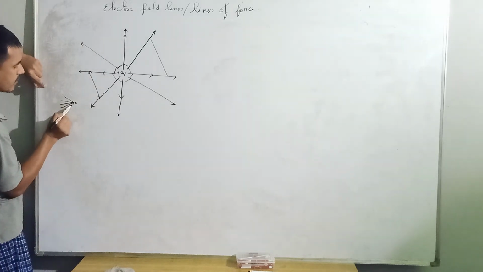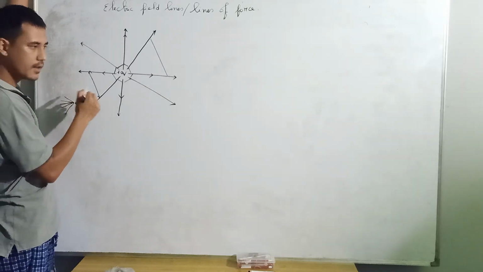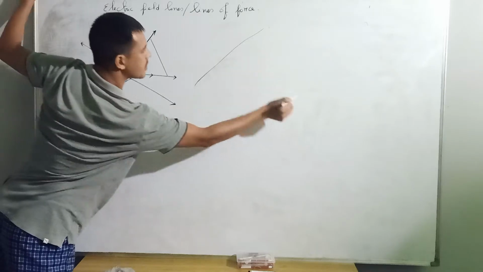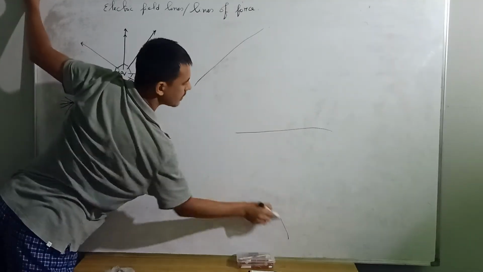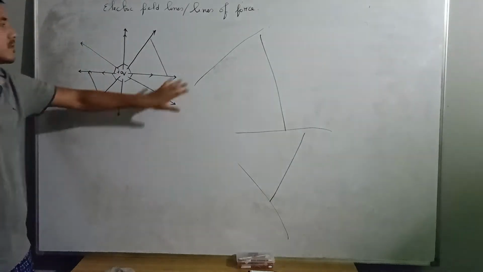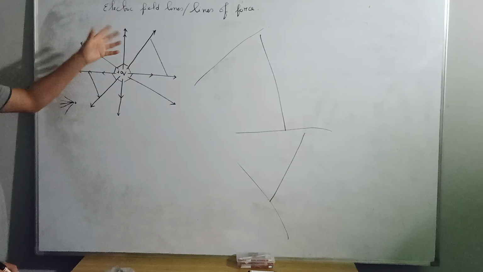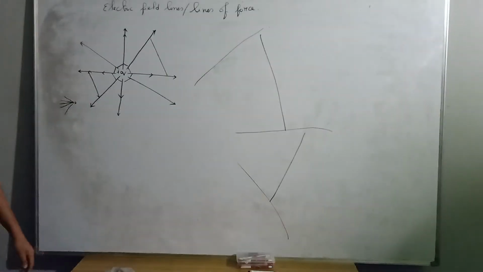So as more the number of lines means more the density, more will be the magnitude. But as you go away from the charge, the distance between the lines increases. So very less density of the lines here. In that case, the magnitude of electric field decreases.